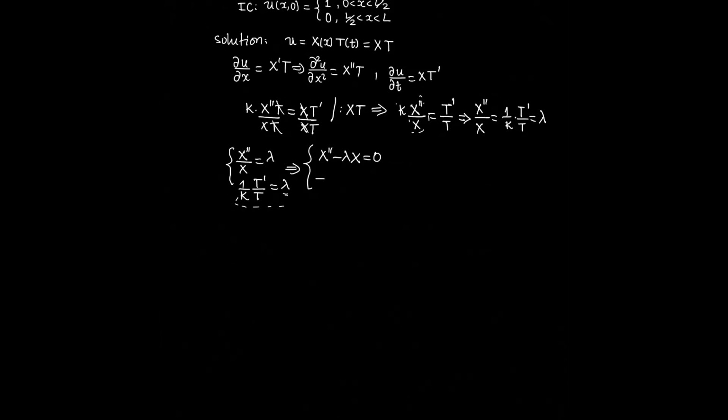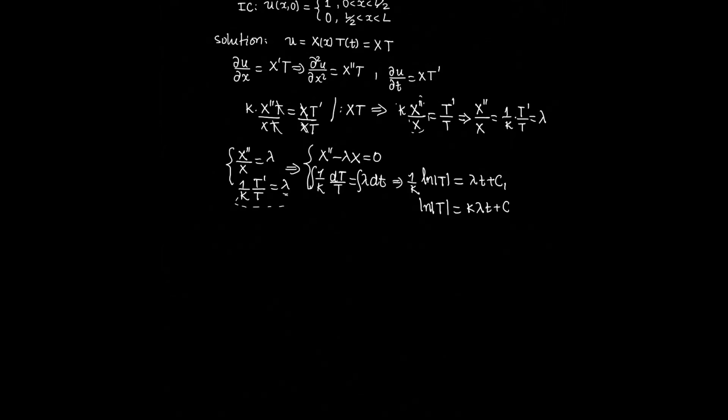So I can just solve this equation right here, which is 1 over k, dT over T equals lambda dt. If I integrate both sides, I have 1 over k ln of T, in this case T is time, equal to lambda t plus c1. Then if I multiply, I have ln T equal to k lambda t plus k lambda c1, which is just another constant.